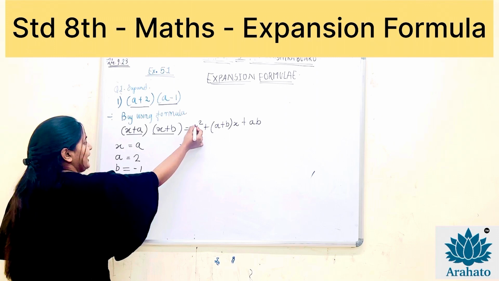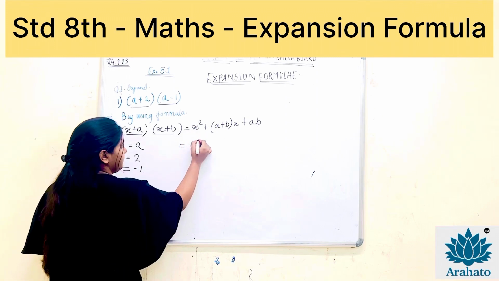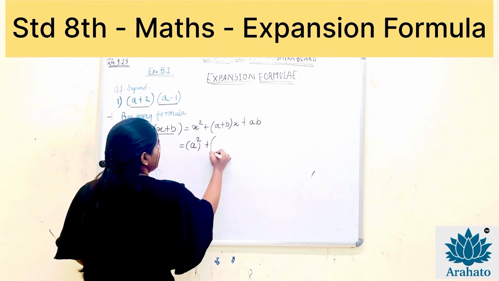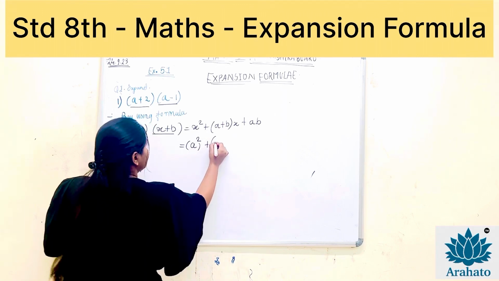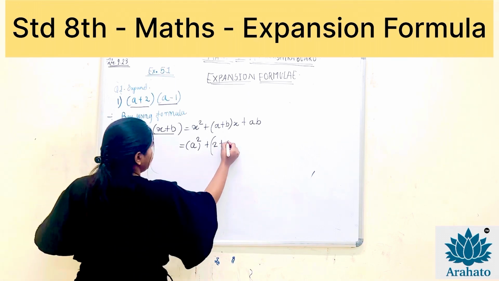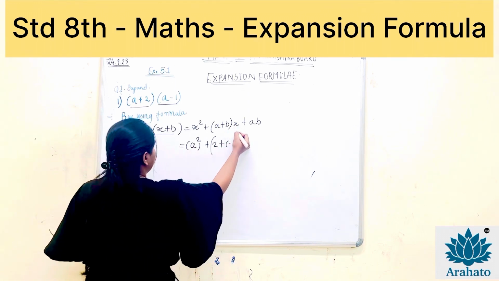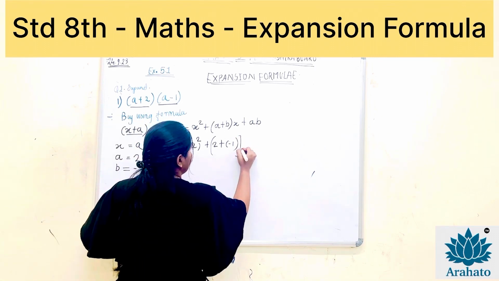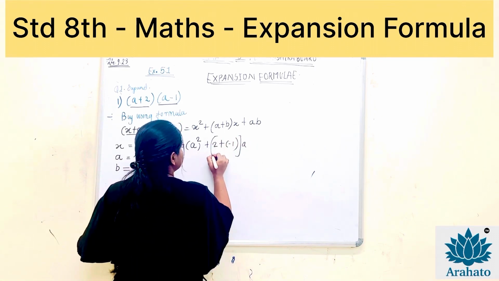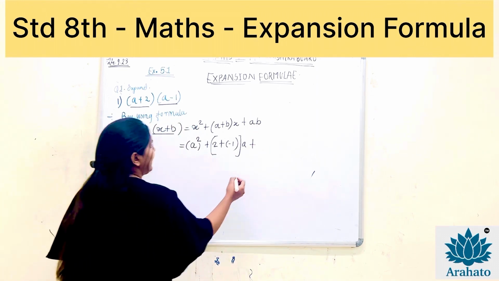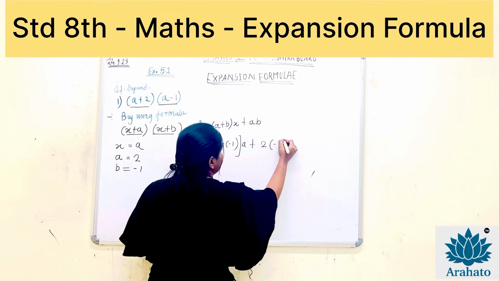What is x? x is equal to a, so write a square, plus what is a? 2, plus what is b? b is minus 1, into x. We have x is equal to a, plus a is 2 and b is minus 1, 2 into 1.